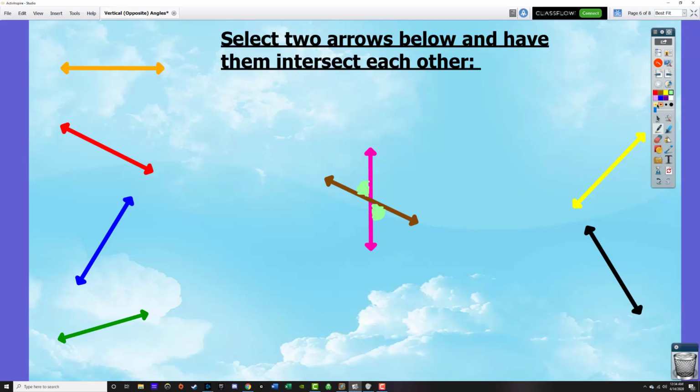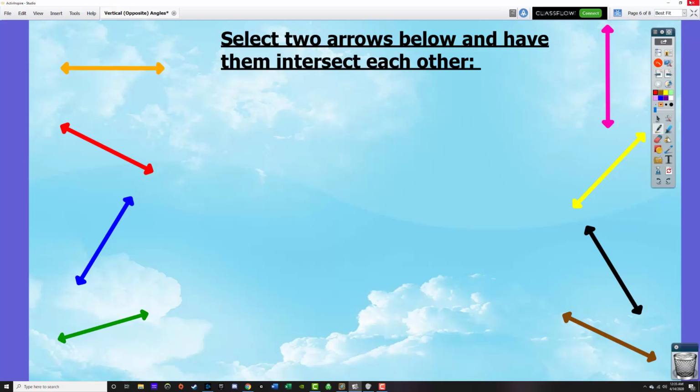You can tell that those are basically the exact same measurement, and they are. Same thing with this angle right here, and this angle right here. Two of the exact same thing. The two angles in red are congruent, and the two angles in green are also congruent.